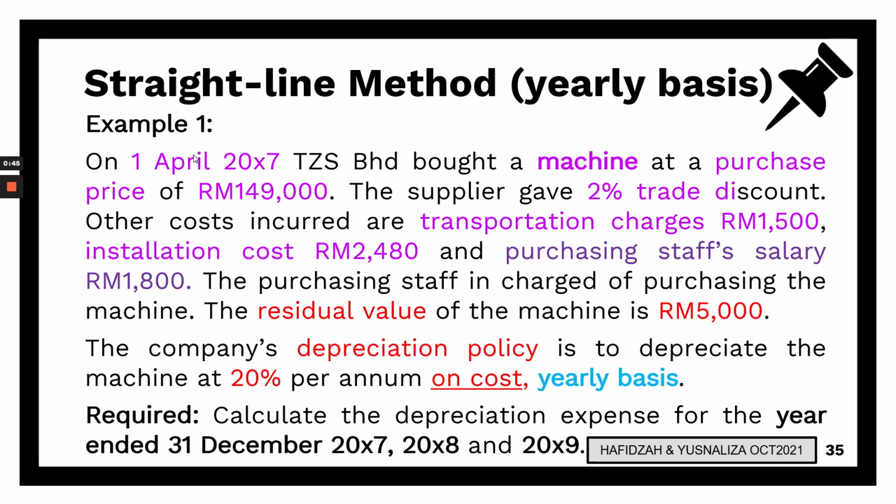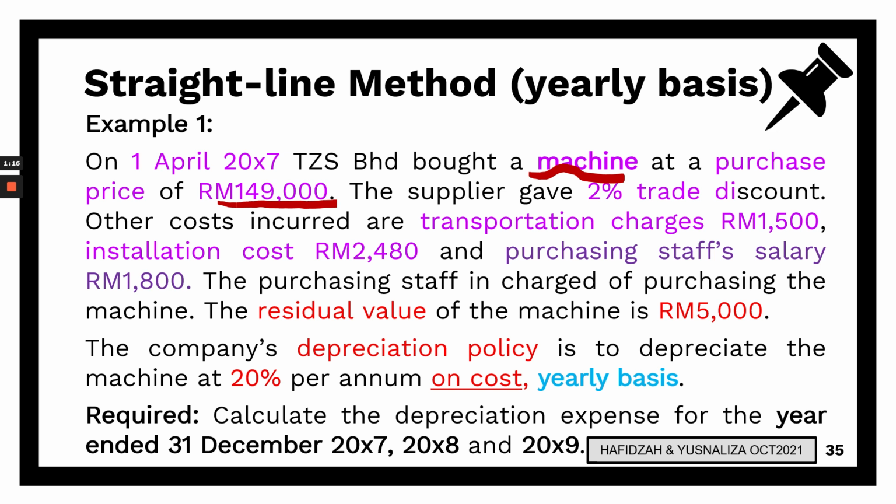So let's apply that in this example, example 1, which is going to be a very comprehensive example. If you read the question, on 1st of April 2000x7 is actually the date of acquisition, because if you read further, the company bought a machine at a purchase price of 149.